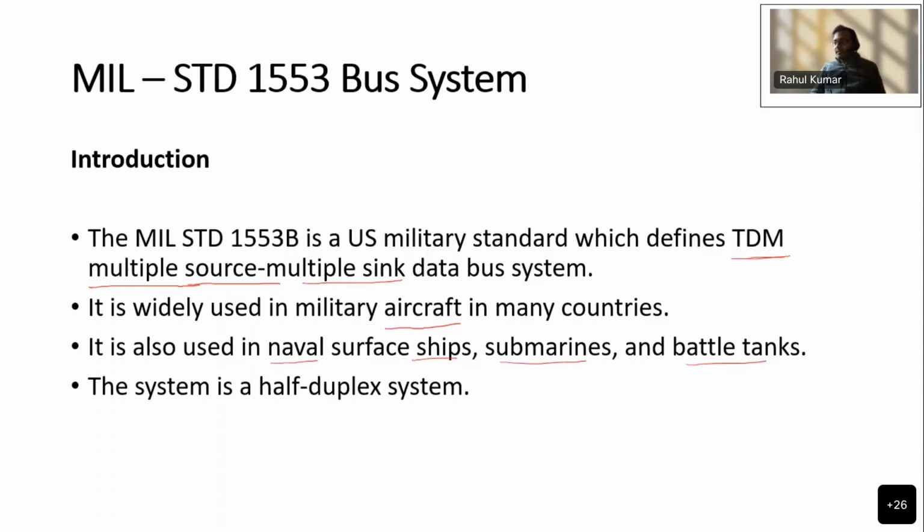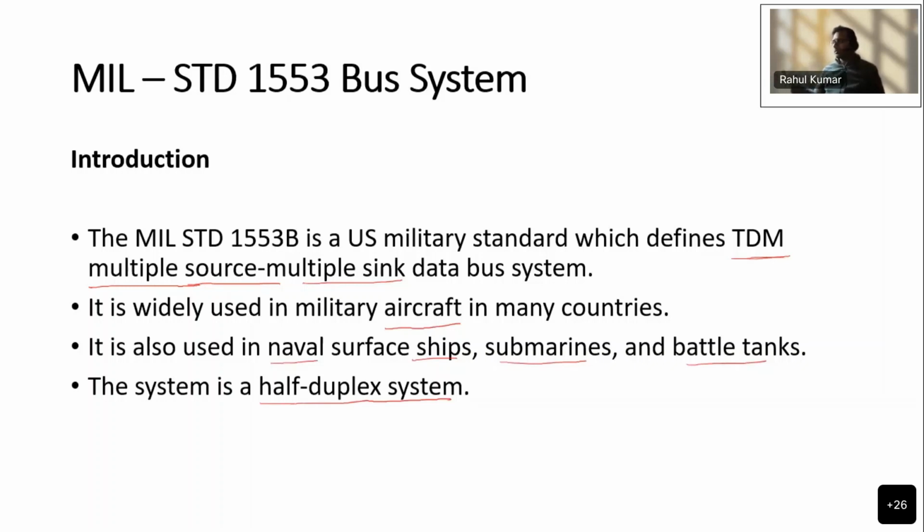Now this system is half duplex. That is, only one system or subsystem can either transmit or receive the data at a time. That is, at a particular time, you can either transmit or receive the data. One very common example of a half duplex system is your walkie-talkie, right?